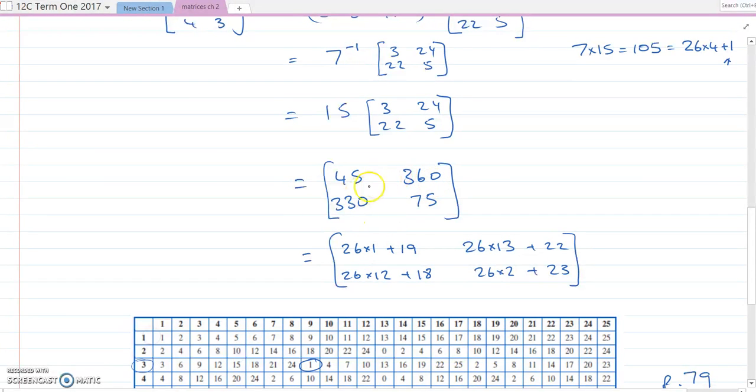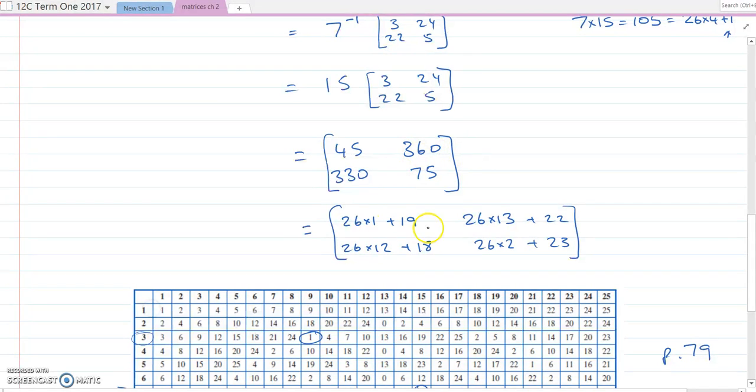And now the difficult part is to work out what those are modulo 26, which I've done here. But just as an example, I could put 360 in my calculator, divide it by 26, and I'm going to get 13 point whatever. So 13 is the whole factor, which I put here. 13 times 26 is 338.